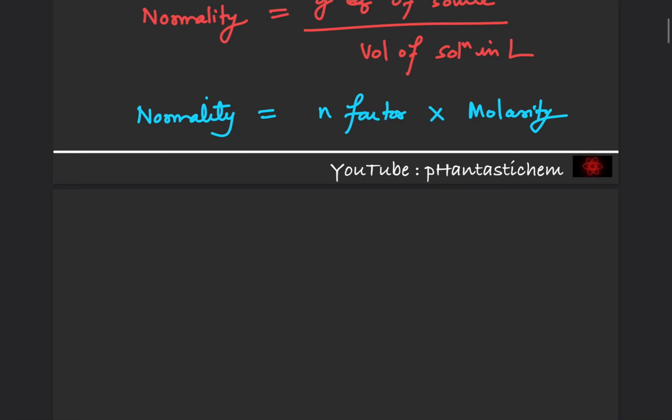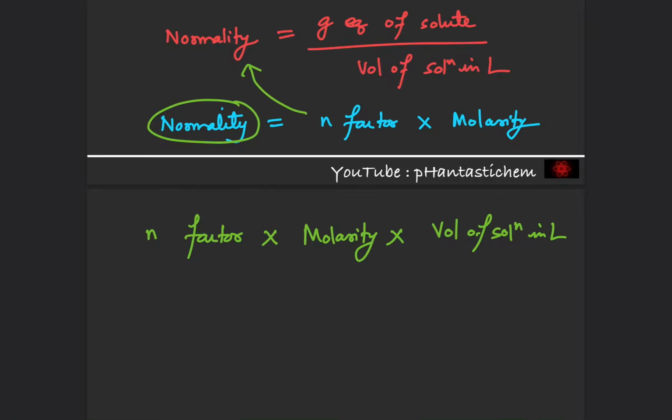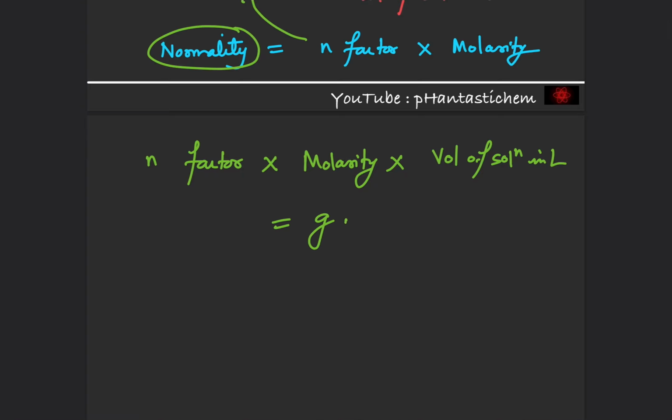Okay. So therefore, substituting this value of normality in this equation, I can write that n factor into molarity into volume of solution in liters is equal to gram equivalence of the solute.